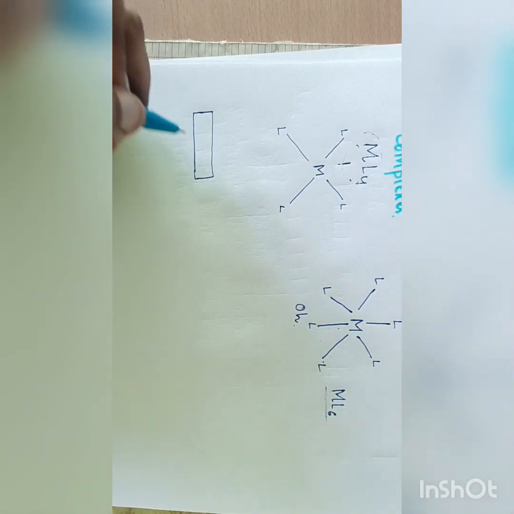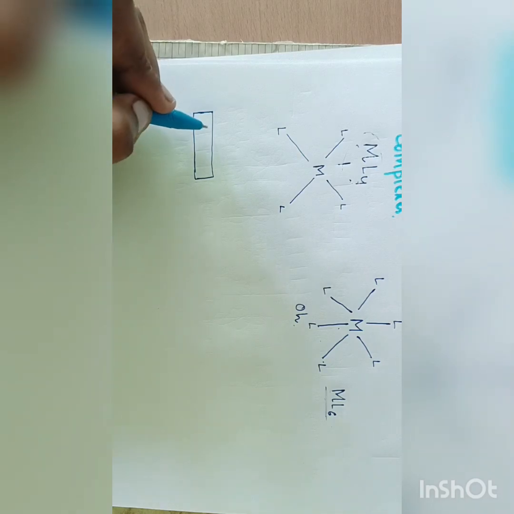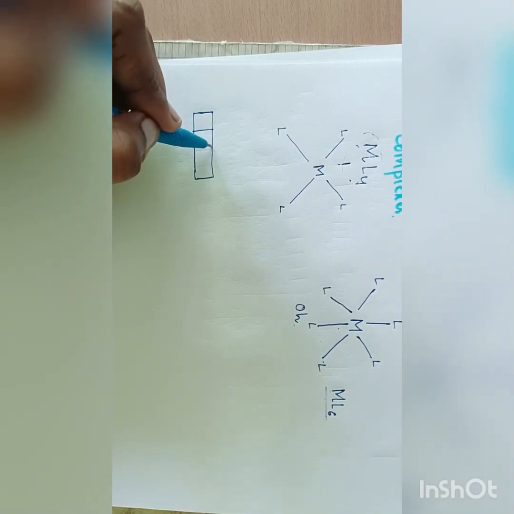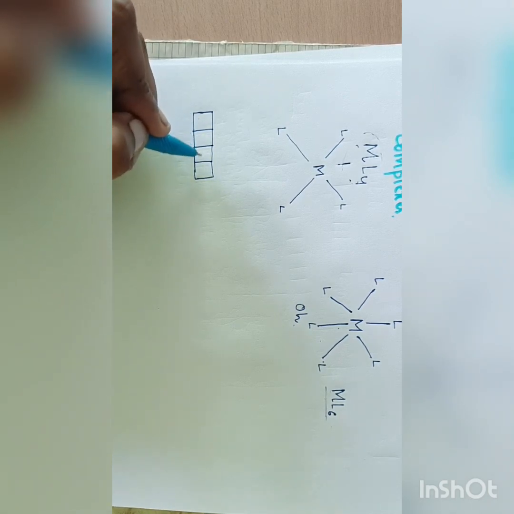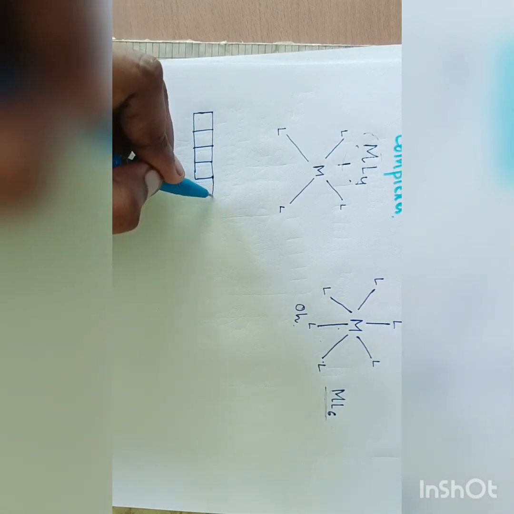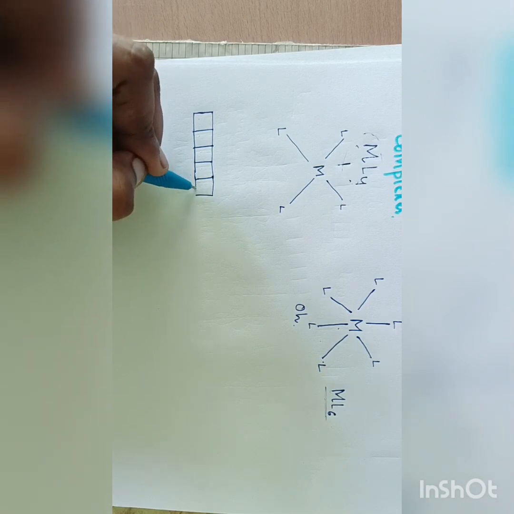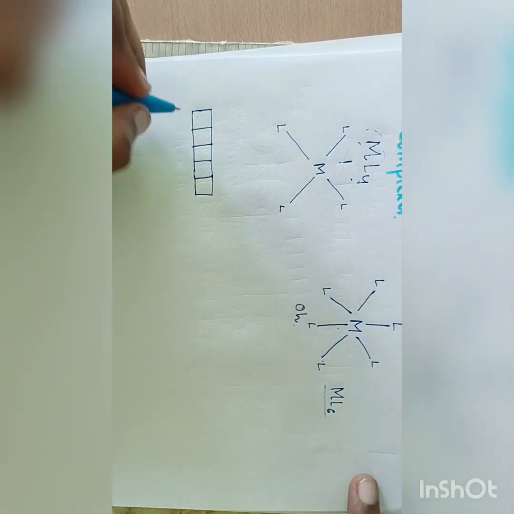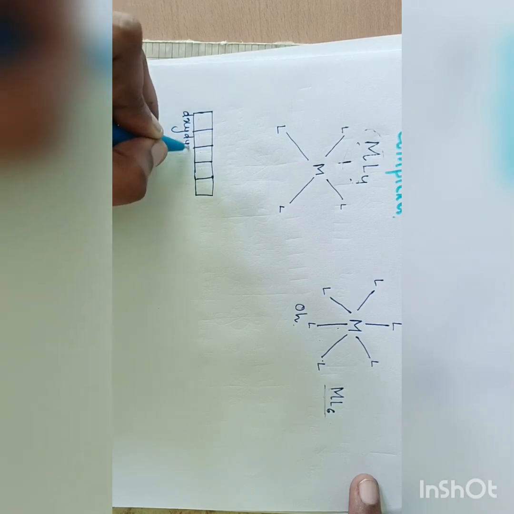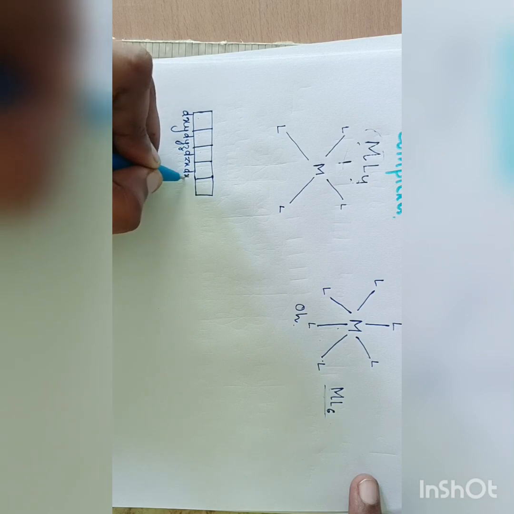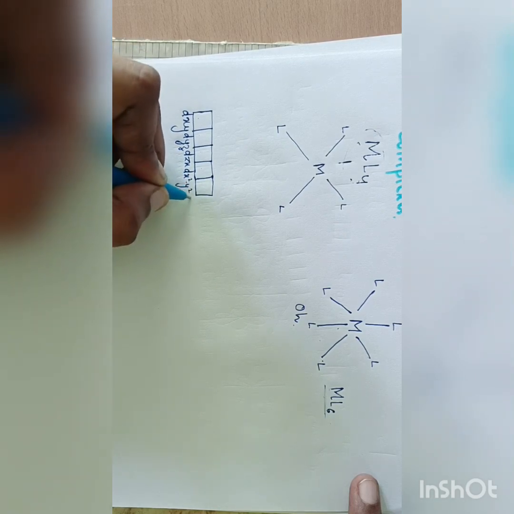These are 5 orbitals. This is 1, 2, 3, 4 and this is 5. This is dxy, dyz, dzx, dx square minus y square, dz square.